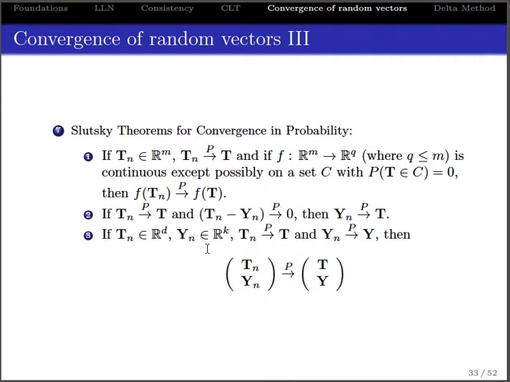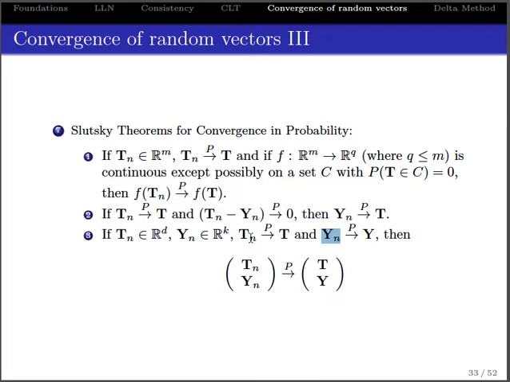For example, Tn and Yn. This third part is a little bit different. The Yn doesn't have to be going in probability to some constant. It's just going in probability to some random vector y.